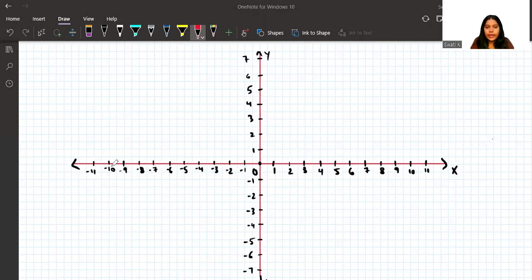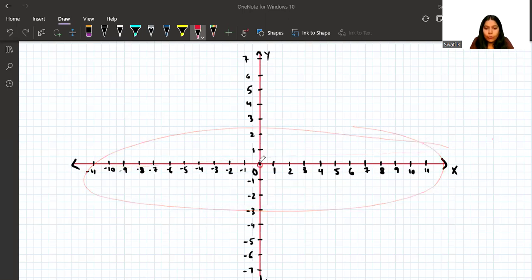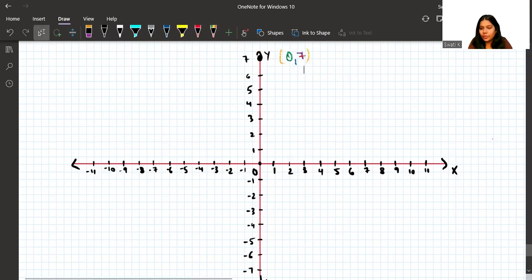On the x-axis, we have the x 0 here, right? x is 0, but y is 7. So this is your main value, and this point will become your (0, 7). All right, we are done with one coordinate already.